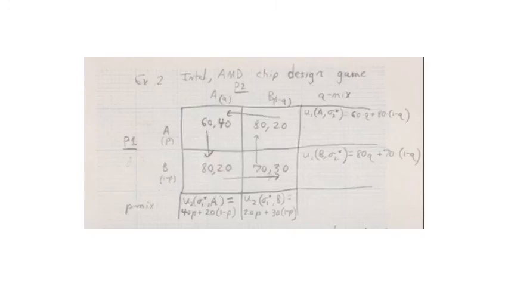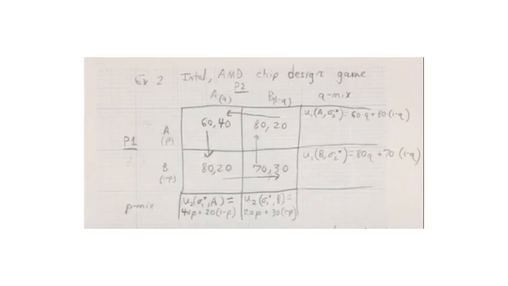So the first entry in the Q-mix column says the payoff to player 1 should player 1 choose A and player 2 follow the designated mixed strategy. That's going to be, well, by choosing A against this mixed strategy, player 1 is going to get 60 units of payoff with probability Q and 80 units of payoff with probability 1 minus Q.